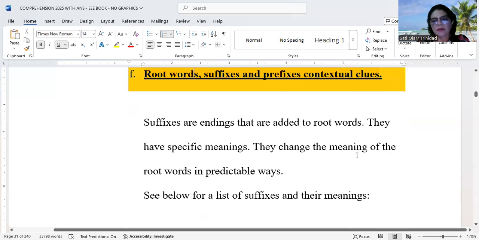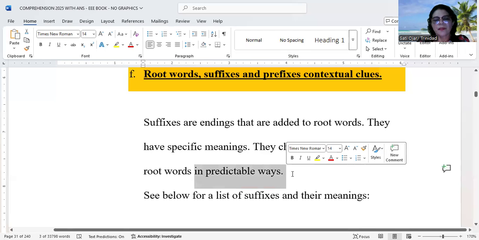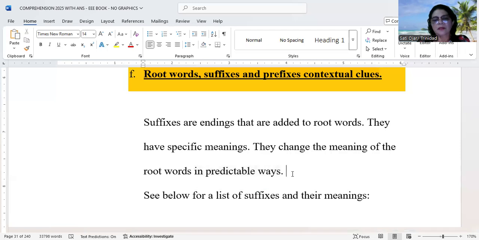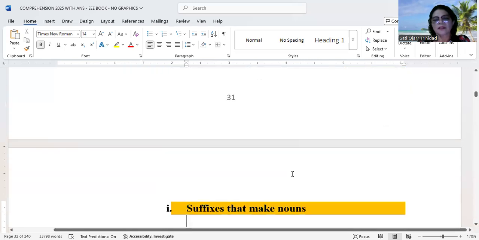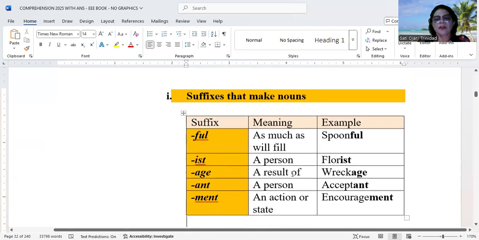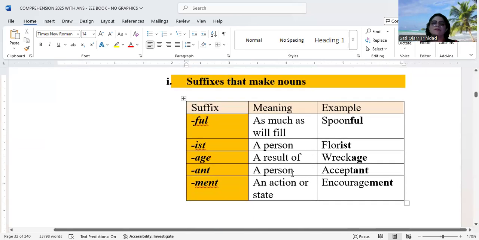They change the meaning of root words in a predictable way. See below for a list of suffixes and their meanings. Go ahead, Lauriston.